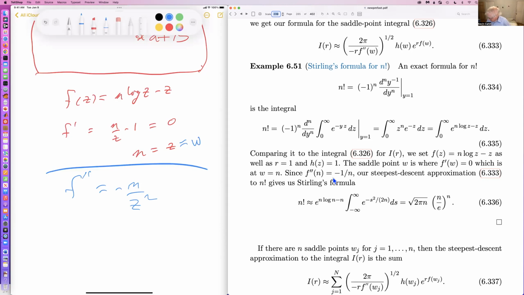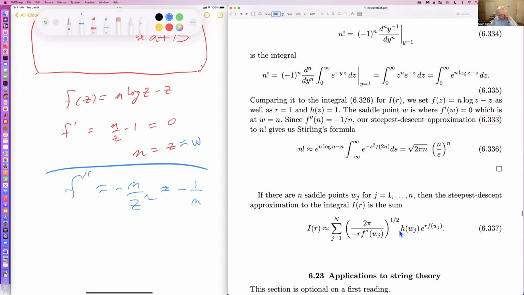And since z is n, that's equal to minus 1 over n, which is this expression. And so we just plug those things in, and we get n factorial as e to the n log n minus n times this integral. But when we do the integral, we just get Stirling's approximation.